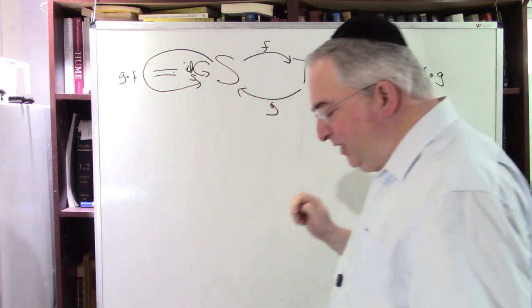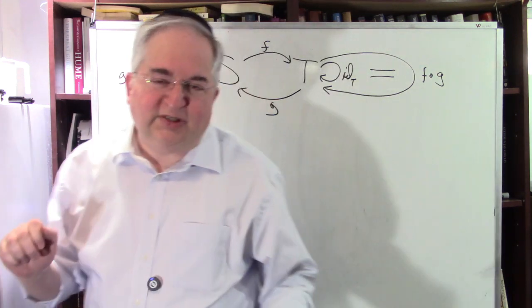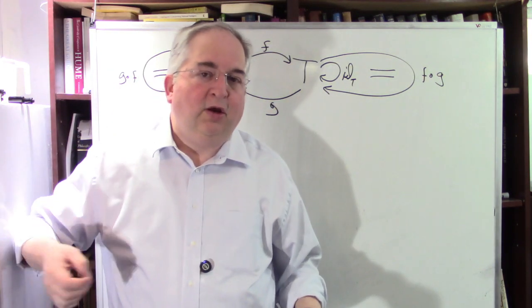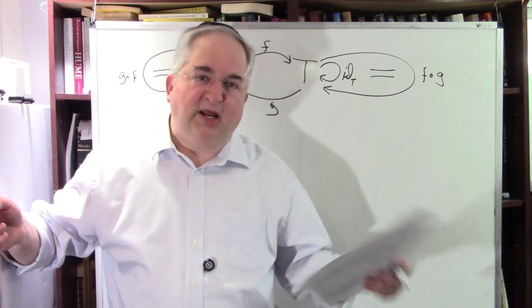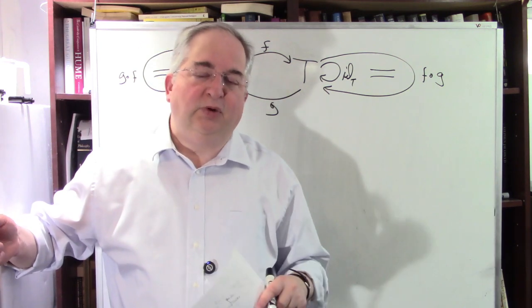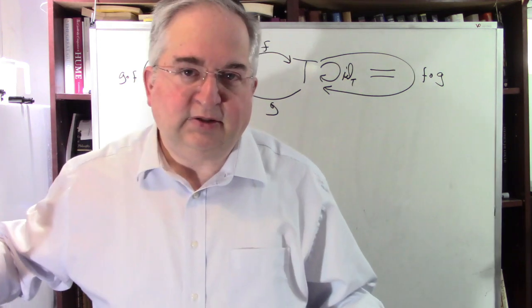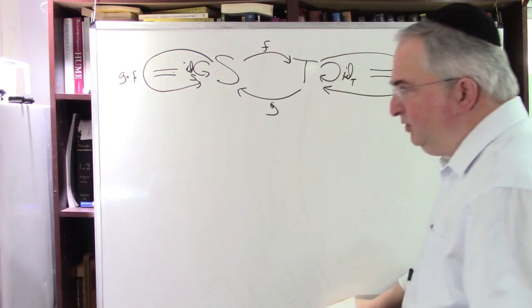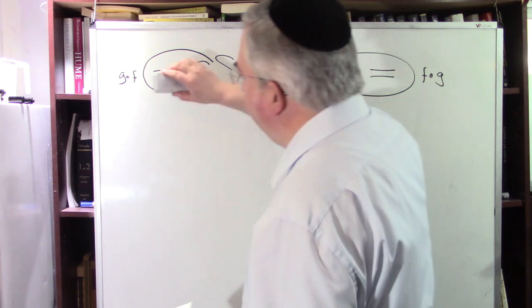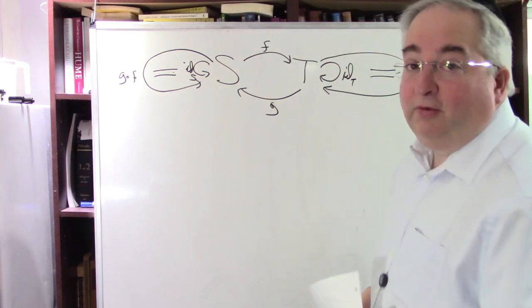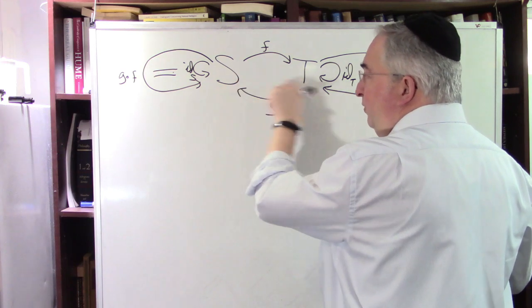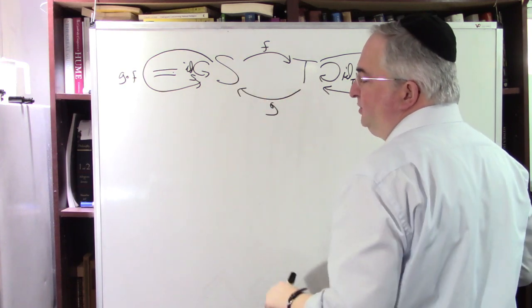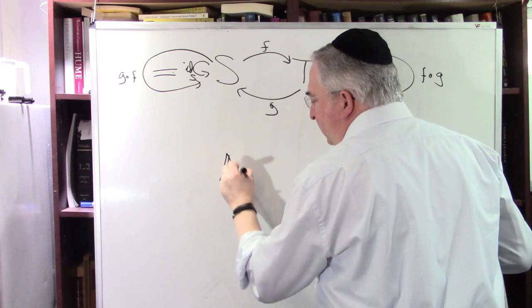So isomorphisms of sets are just renamings. Perfect renamings. Everything in S gets a name by T, everything in T gets a name by S. It's very nice, but not very interesting. By the way, when there is such a thing, we say S and T are isomorphic. Great. Now I want to talk about isomorphisms of categories.